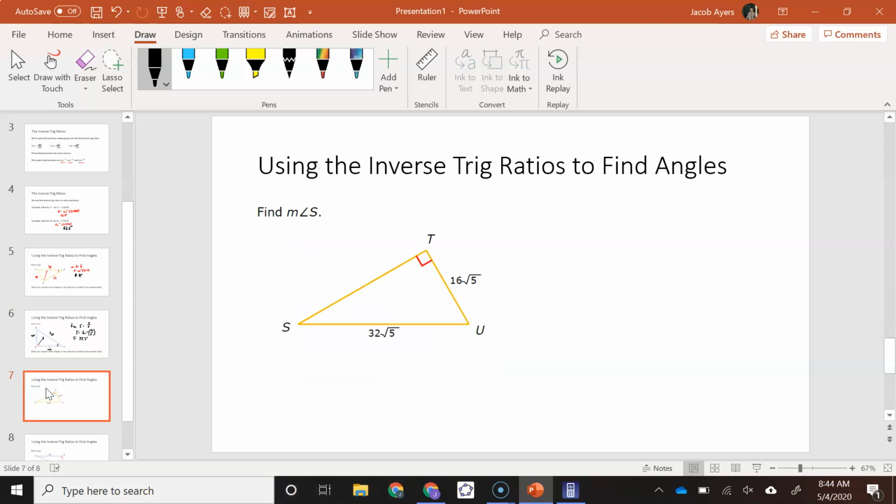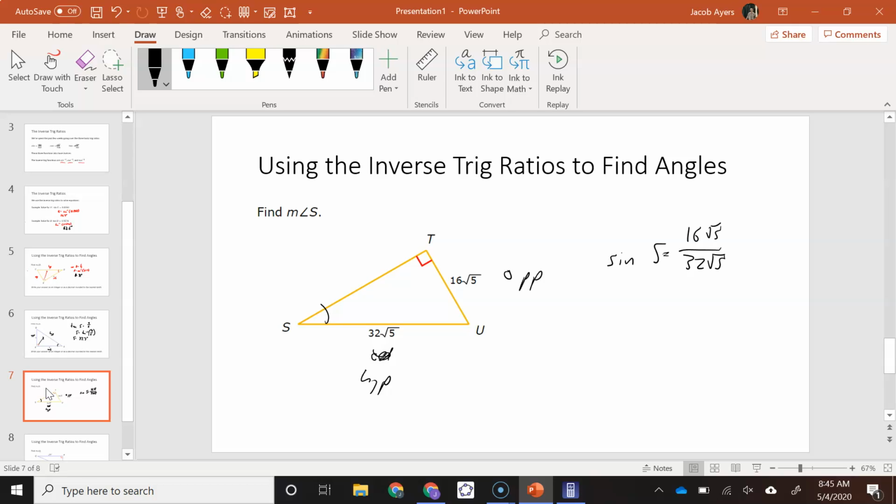A couple more real quick here. I'll probably be a little bit quicker about these. So we've got some radicals in here. So angle S, marking these up. This is opposite. This is not adjacent. That is hypotenuse because it's opposite the right angle. So I would use sine because I've got opposite and hypotenuse. Sine of S is equal to 16√5 over 32√5.